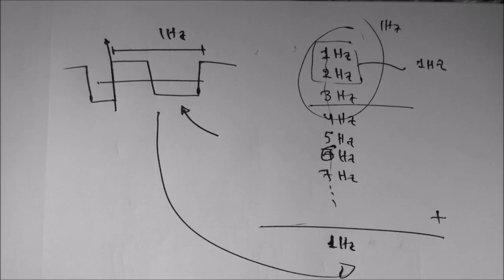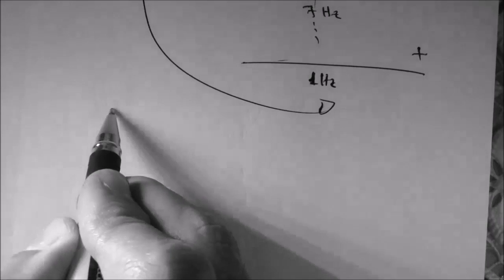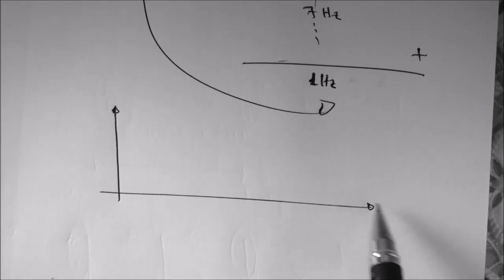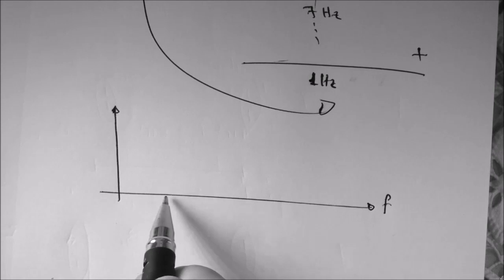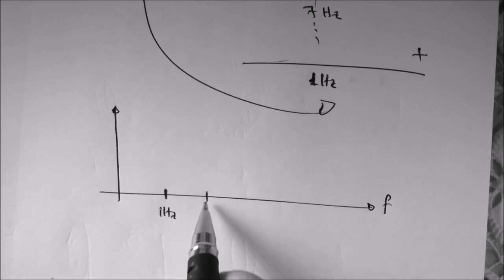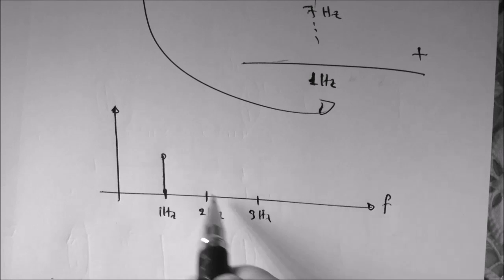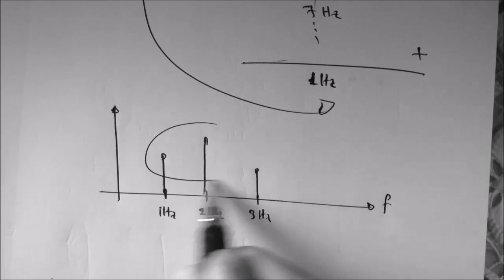We had earlier that the sum of two signals having frequencies multiple of each other equals the lowest one. So if we draw the spectrum of this signal, so this is the frequency, it has a 1 Hz component, a 2 Hz component, a 3 Hz component. We don't know yet the amplitude of these components.